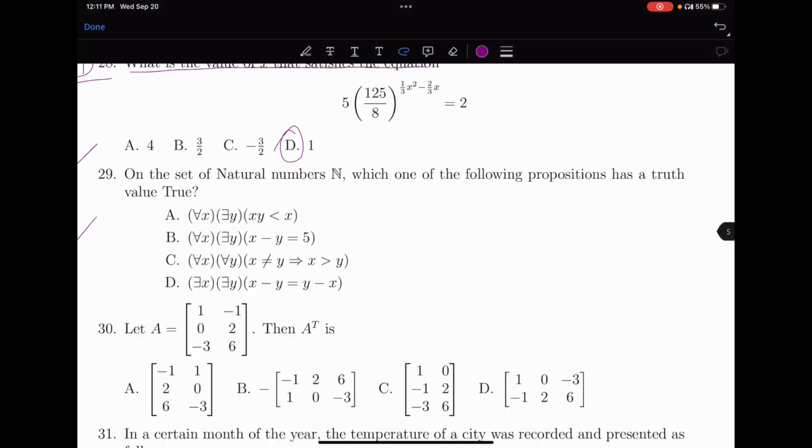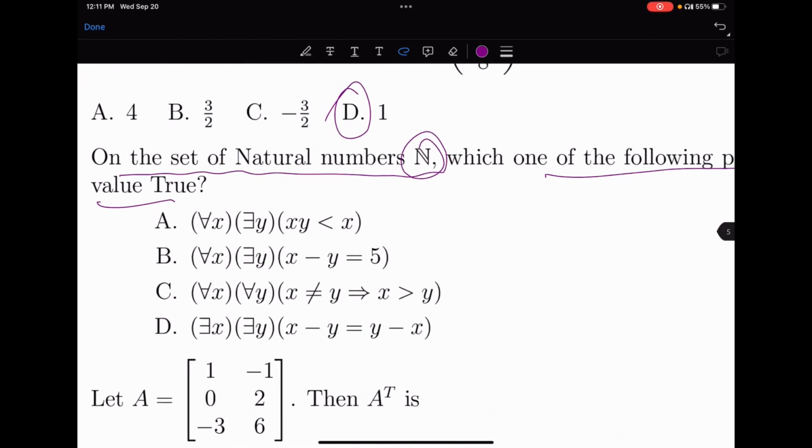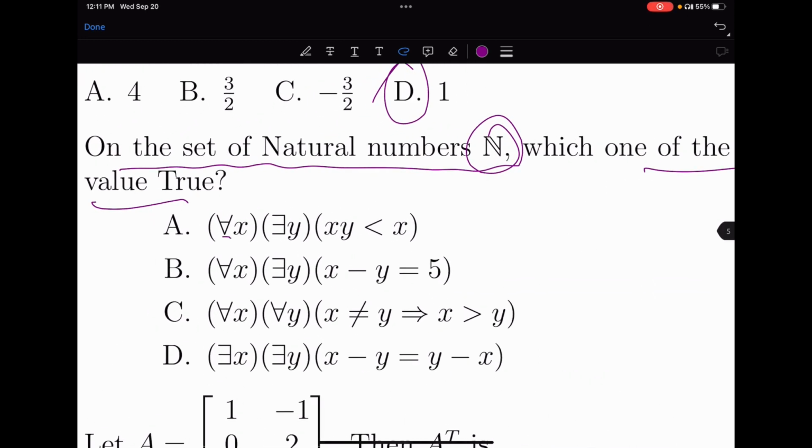Okay, D. On the set of natural numbers N, which one of the following propositions has a truth value true? Looking at A: for all x there exists y such that x times y is less than x.